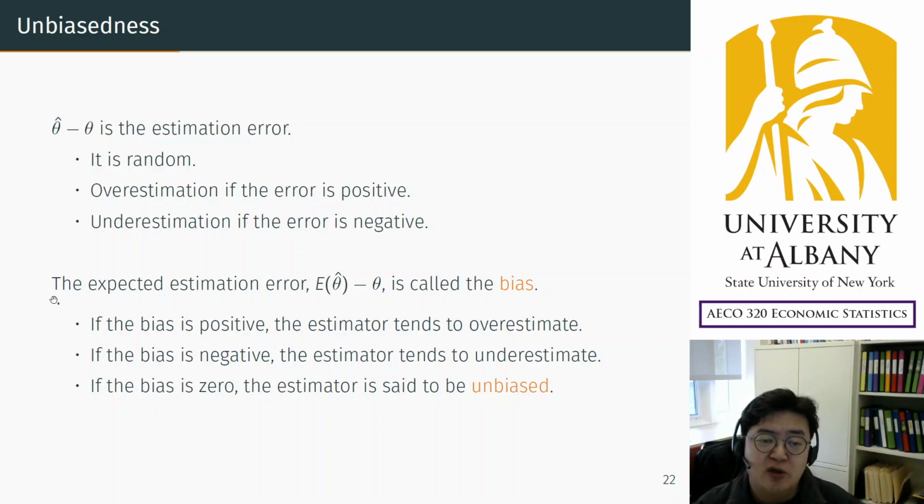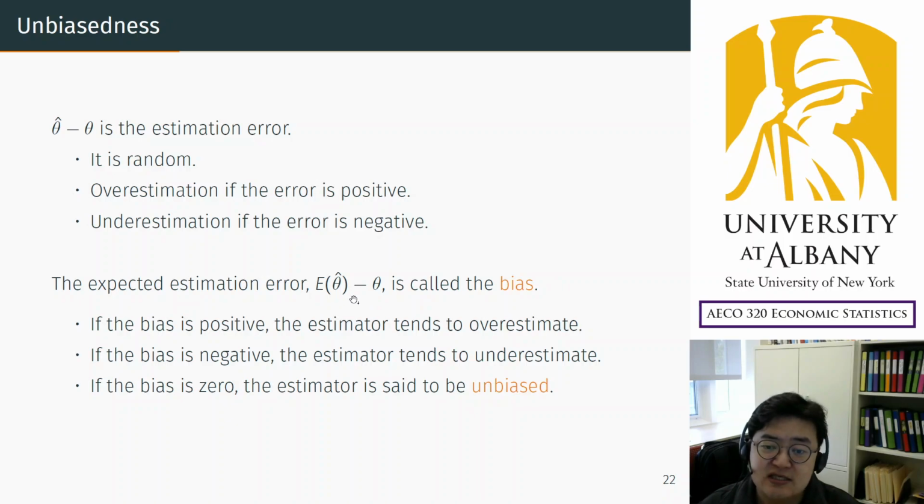So we will take the expectation of the estimation error. Because it is random, we can think about its expectation. This is the expected value of the estimation error, right? And the difference from the true parameter is the bias.